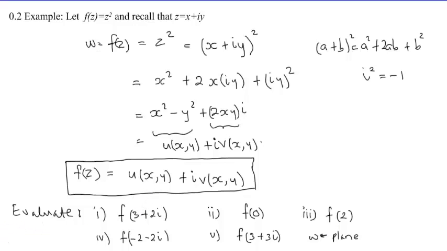Now the second example which is going to follow: I'm going to take an example of a function of a complex variable and see how it acts on a region, something like a line, and see how the image would look.